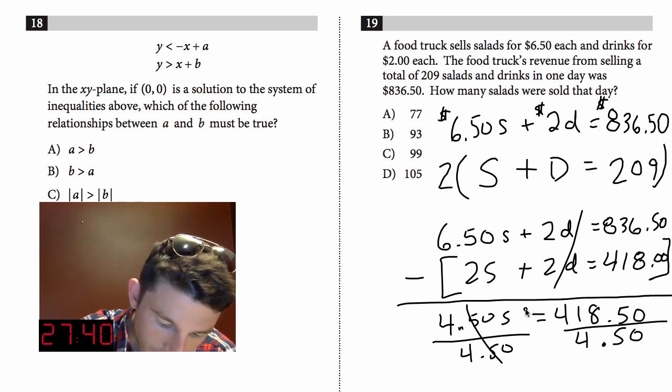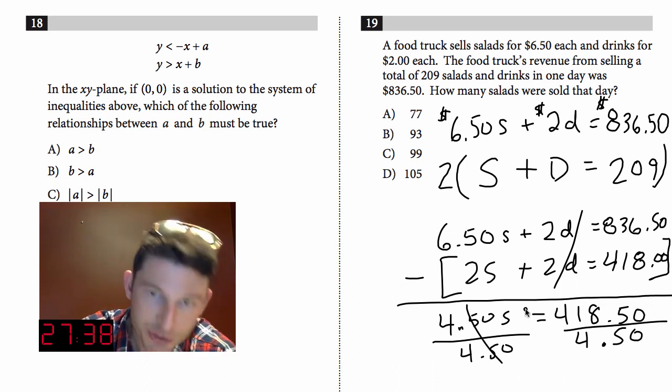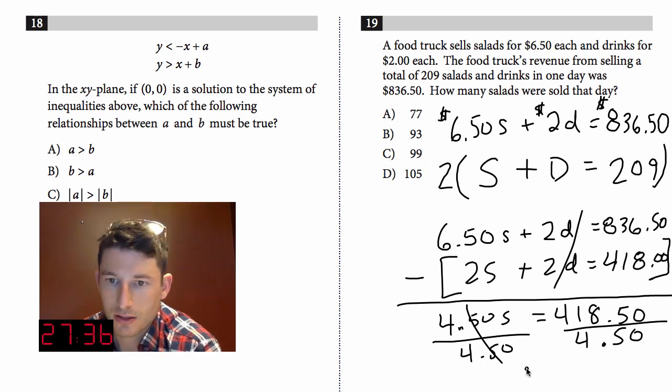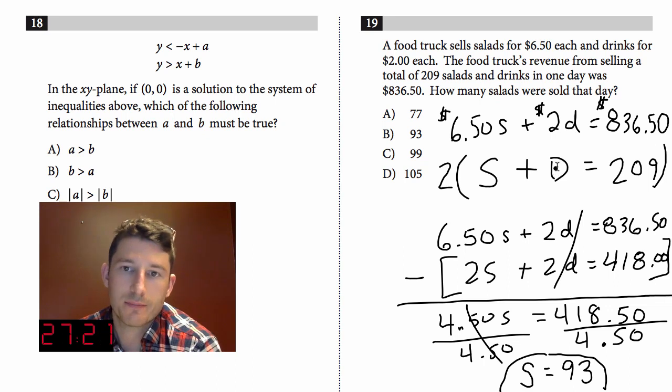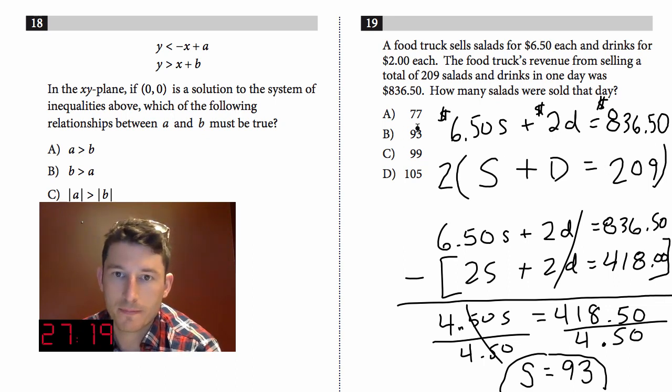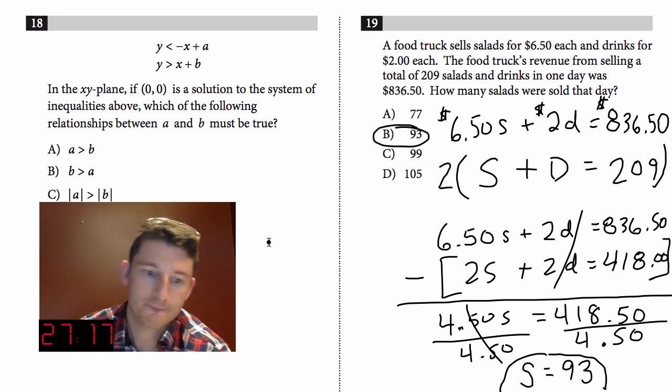Should get 93. Hope you guys got that. Salads equals 93. To get something like this right, you've got to know that you need two equations: your money equation, which was this one, and your quantity equation, salads plus drinks equals 209. And you go from there. All right, cool.